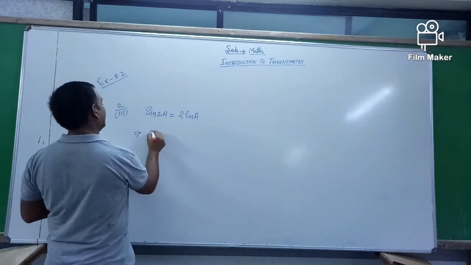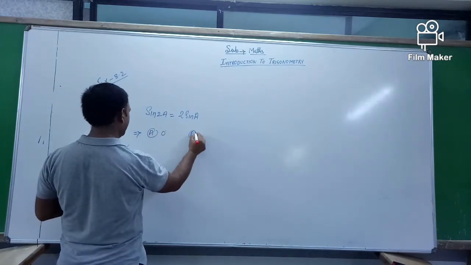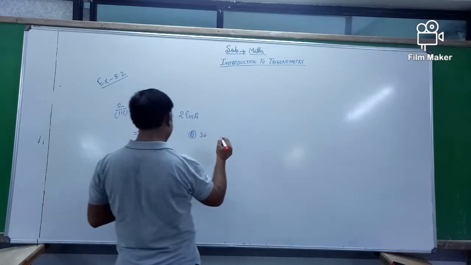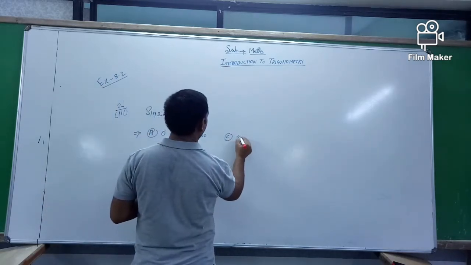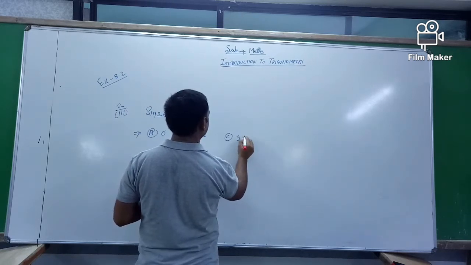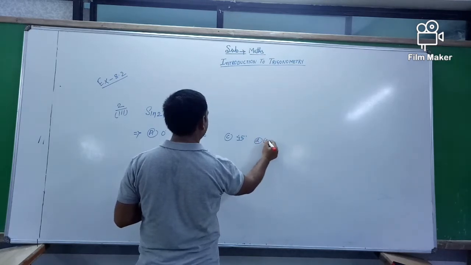Here A is 0 degree, B is 30 degree, C is 45 degree, and D is 60 degree.